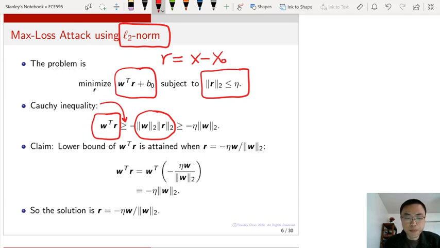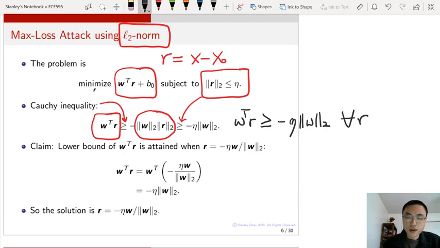How about the next step? Because by the constraint, I know that the 2-norm of r is upper bounded by eta, and therefore, if you put a minus sign, it has to be bigger than minus eta. So according to the constraint, this quantity is bigger than minus eta times the 2-norm of w. Consequently, w transpose r has to be bigger than or equal to minus eta times the 2-norm of w for any r.